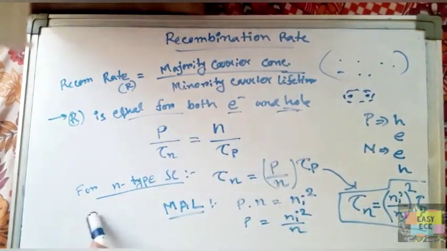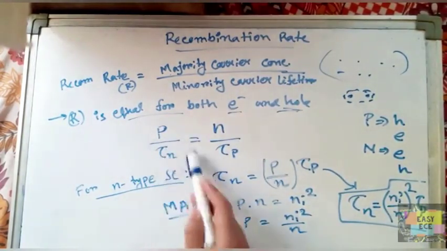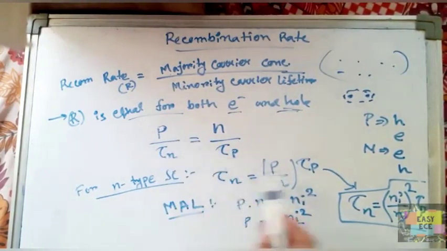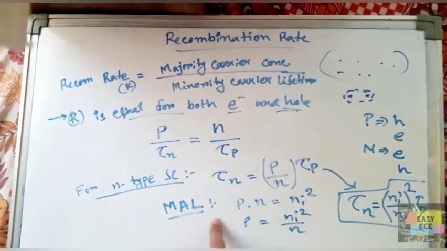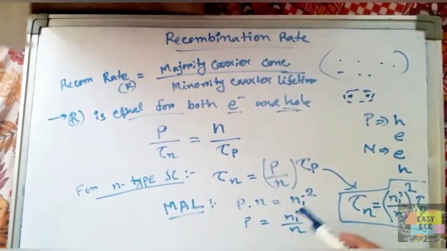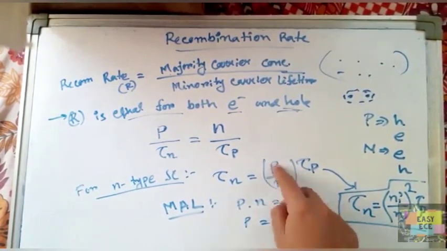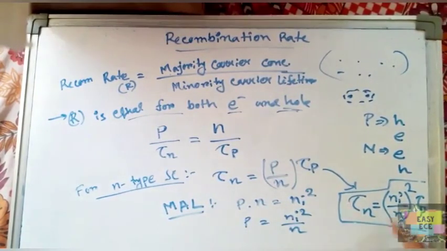Now for an n-type semiconductor, cross multiplying, tau n equals p by n into tau p. From the mass action law, p into n equals Ni square, so p is Ni square by n. After putting the value of p into this equation, we get the lifetime of electrons equals Ni square by n, the whole square, into tau p. In the next video, we will discuss the Hall effect.